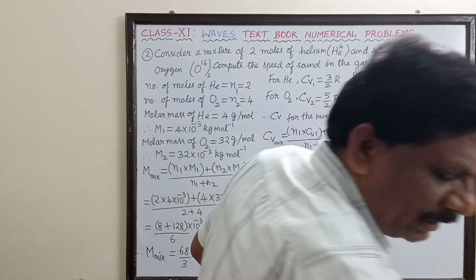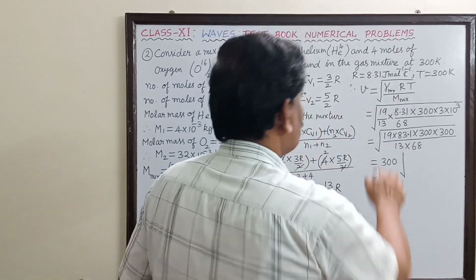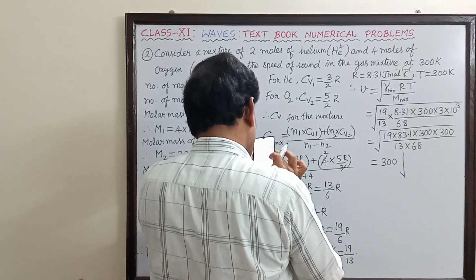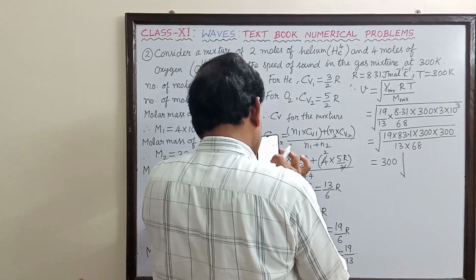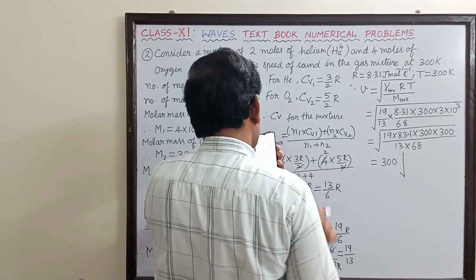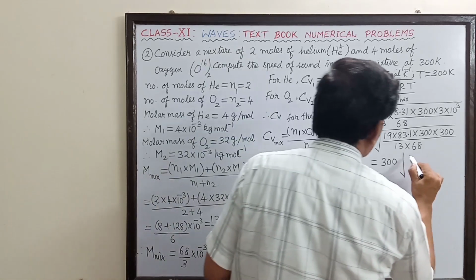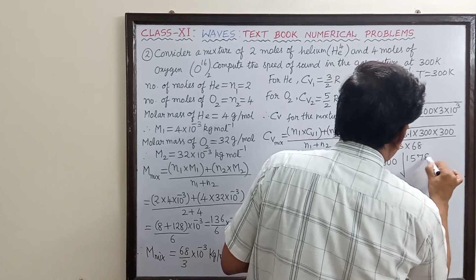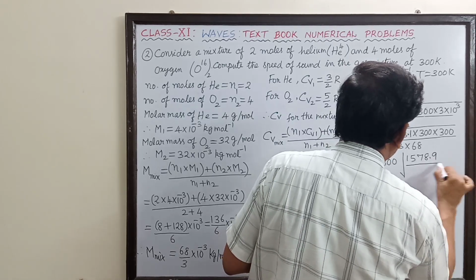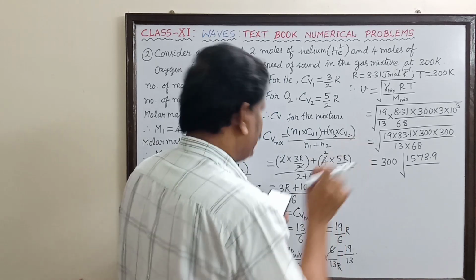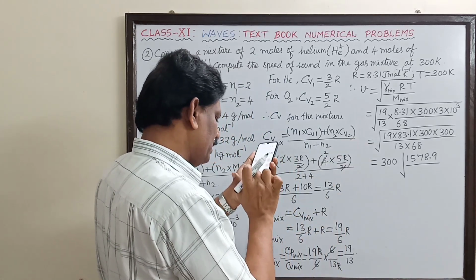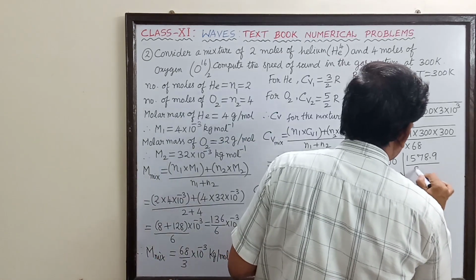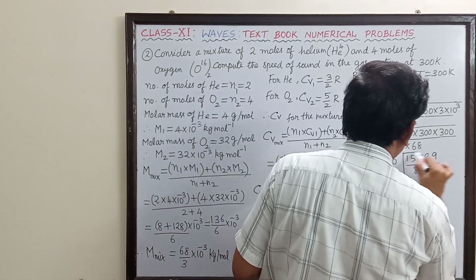Now I am going to use the calculator. So 19 into 83.1. So this is equal to 1578.9 divided by 13 into 68. 13 into 68, so this is 884.